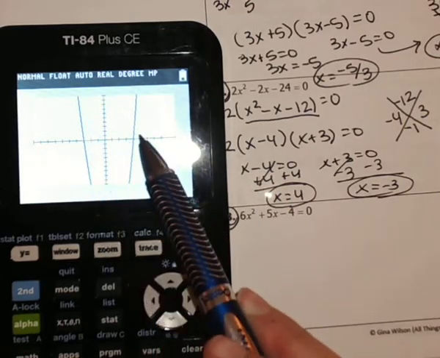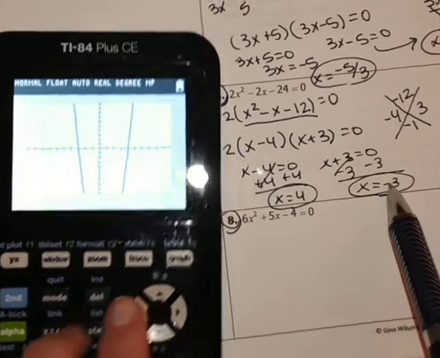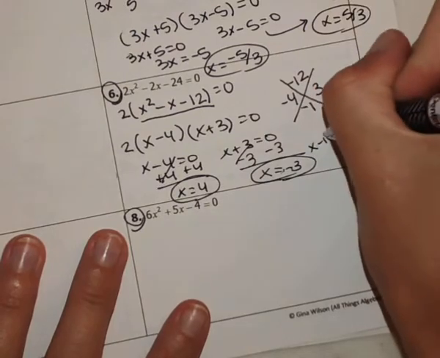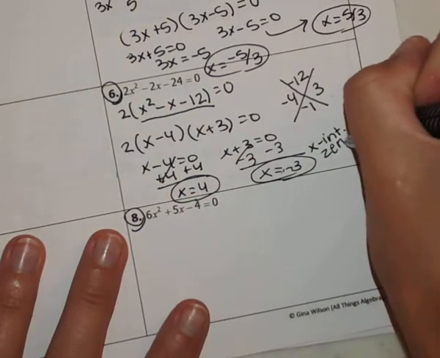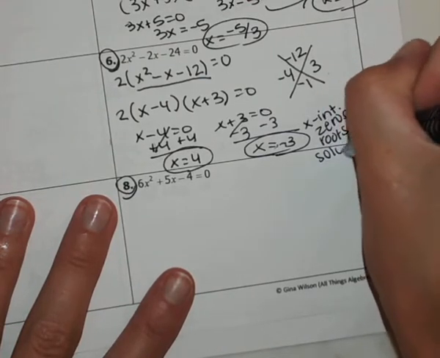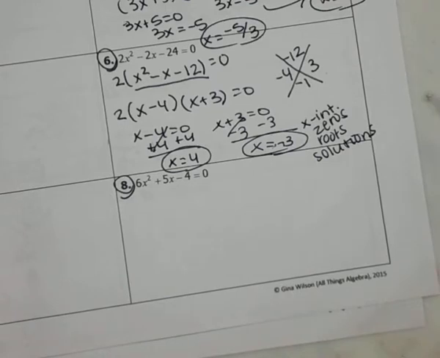Always graph the original and check. These are called x-intercepts, zeros, roots, solutions.